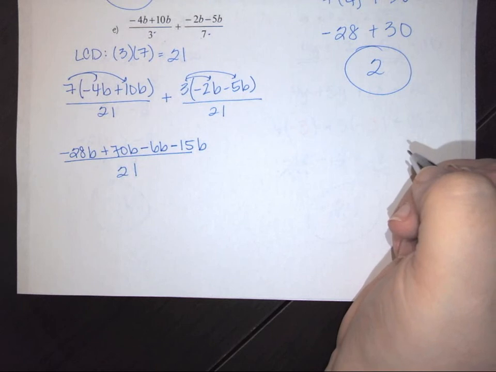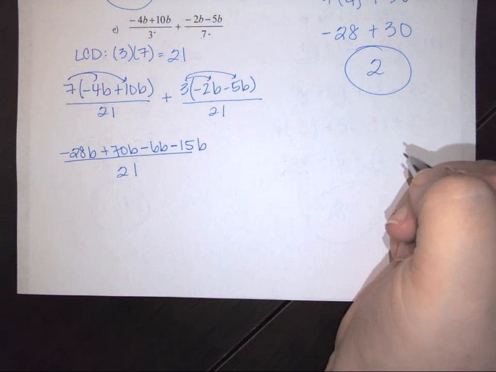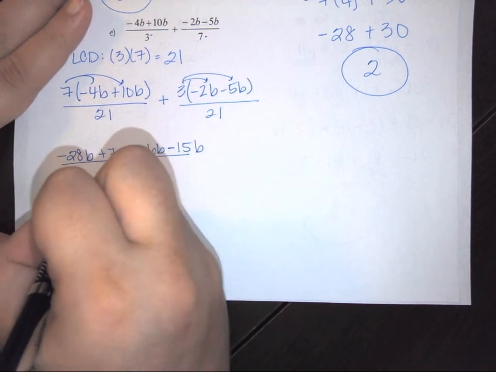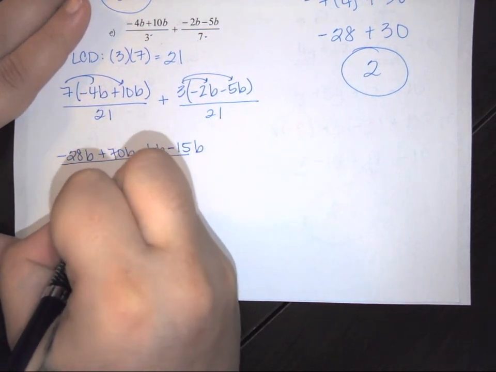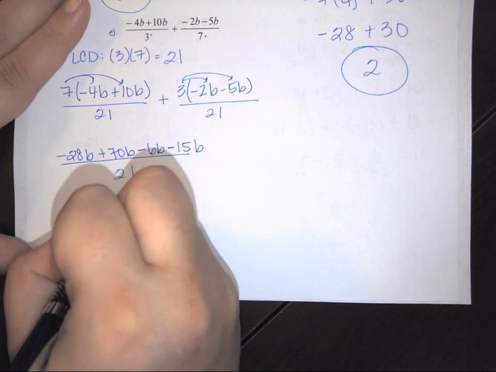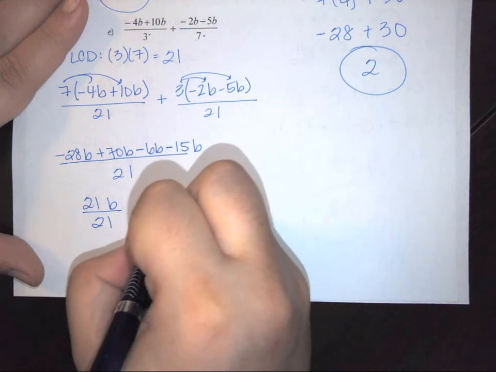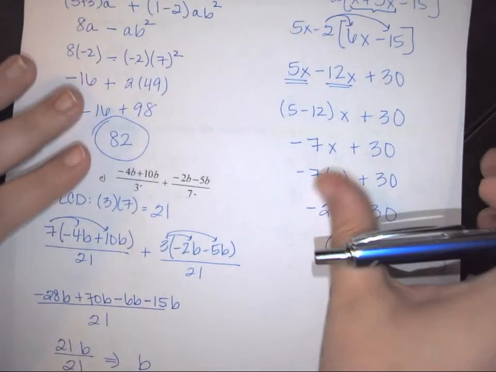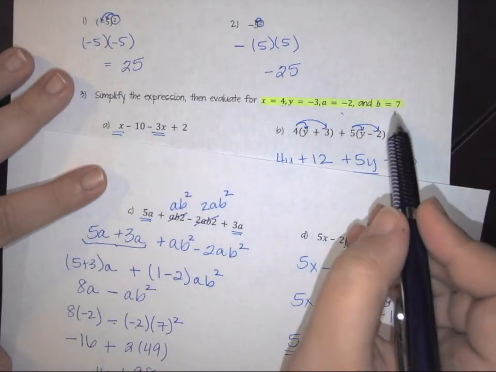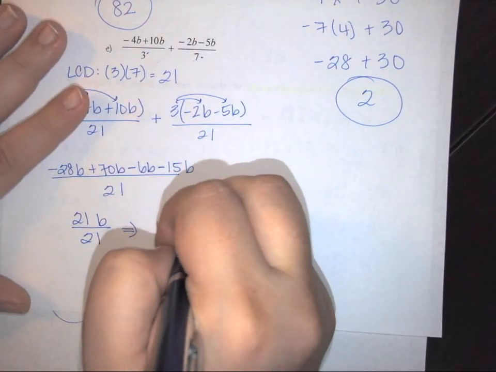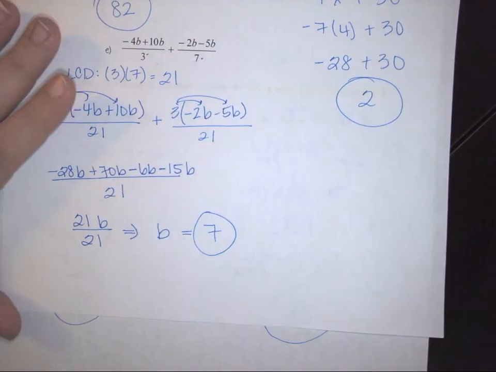So along my numerator I have negative 28 plus 70 minus 6 minus 15. So all told, that is going to give me 21b over 21, which is going to reduce down to b. Well, what do we know? We know that b is 7. So that means this is going to give me 7 as a result.